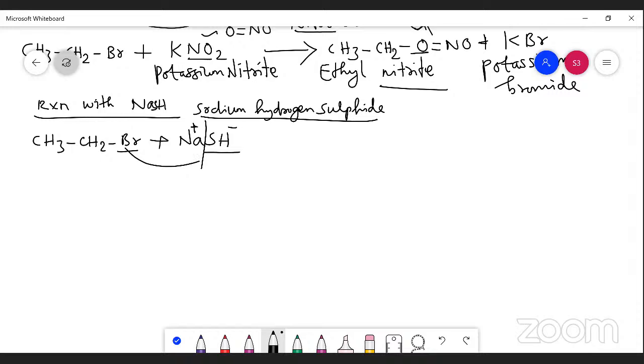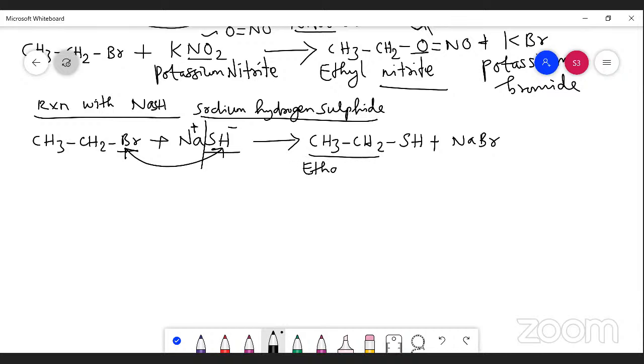Both are reactive and can be substituted, and we are getting a new product, CH3CH2SH plus NaBr.